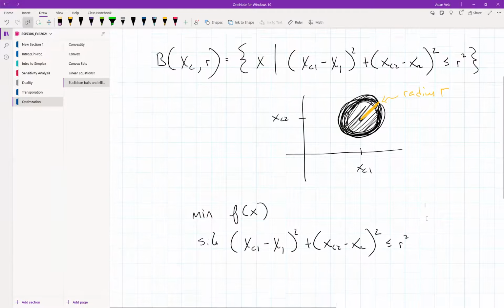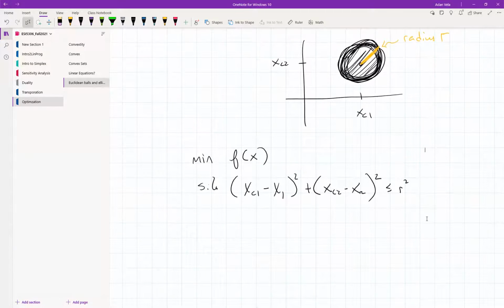Now, people don't really like writing out the quadratic equation for a circle. So a lot of times we use norms.